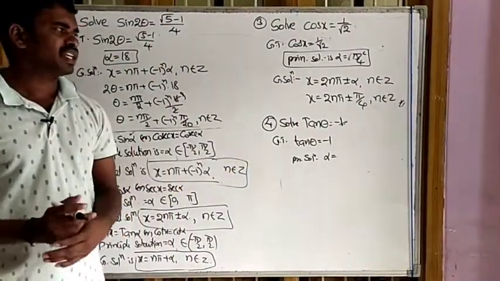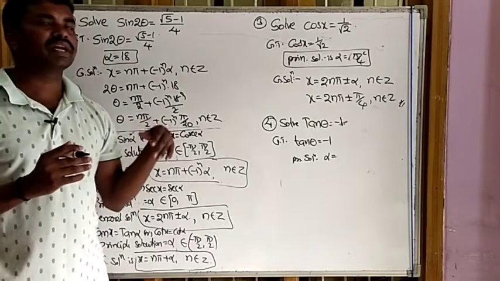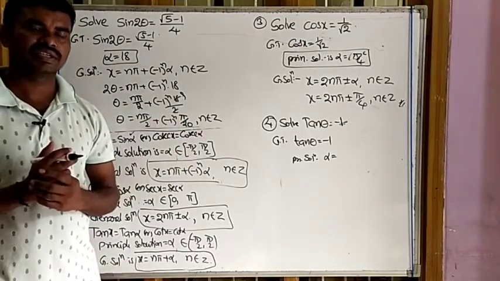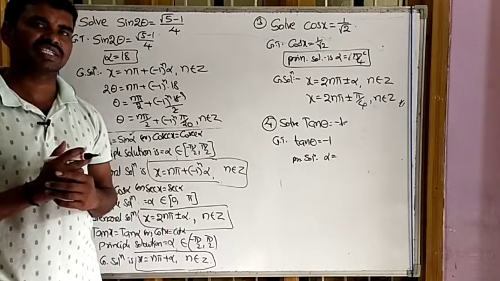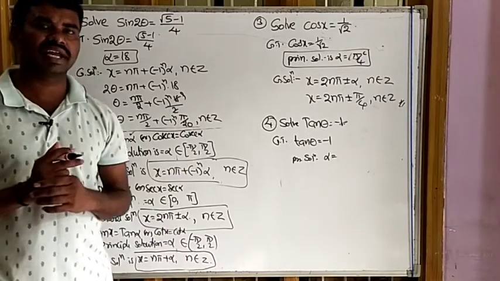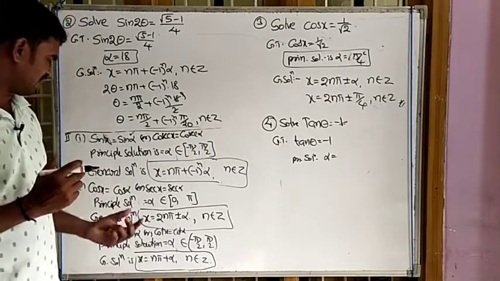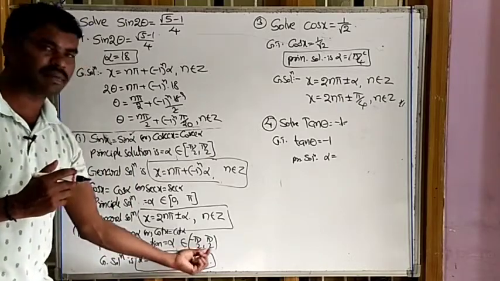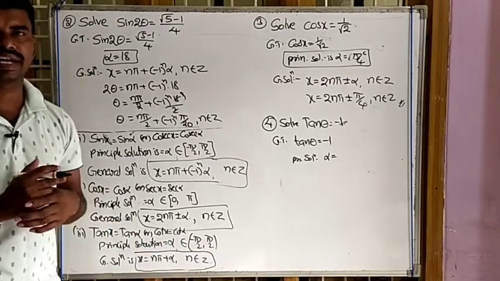Generally minus 1 means what we can think, it may be in the second quadrant. Am I right? Tan 135 is in the second quadrant, becomes minus 1. But can we take 135? What is the domain of principal solution? It must be between minus pi by 2 and plus pi by 2. So 135 cannot be taken. Then how?